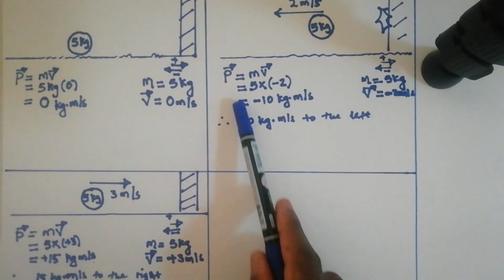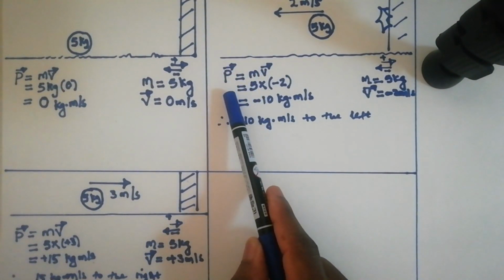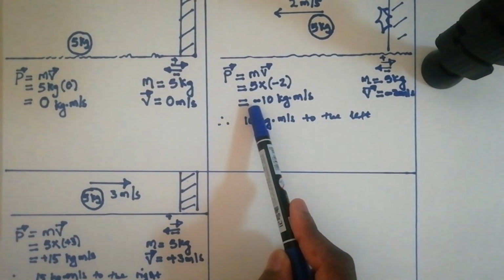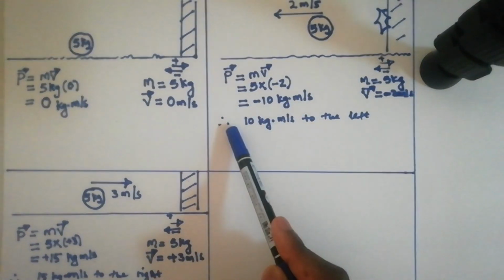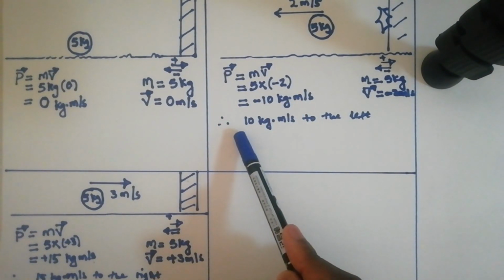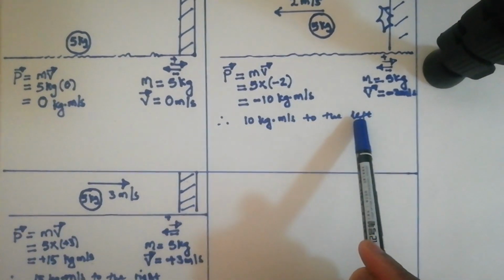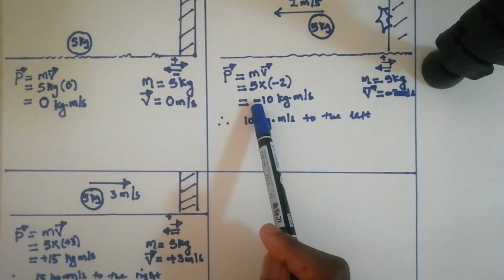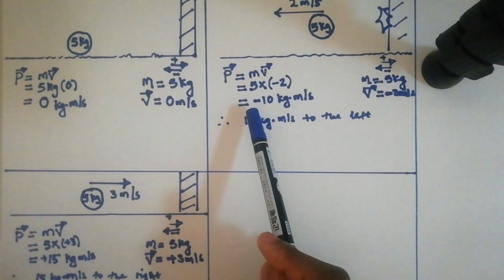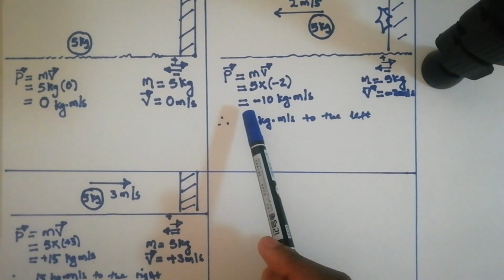For example, here we calculated the momentum of this ball and found it is negative 10 kilograms meters per second. Then I concluded that the momentum of the ball is 10 kilograms meters per second to the left. Here I'm stating my direction using words, hence I have ignored the sign. So that's the first thing you have to do: when you're stating the directions of the vectors in words, you ignore the signs.